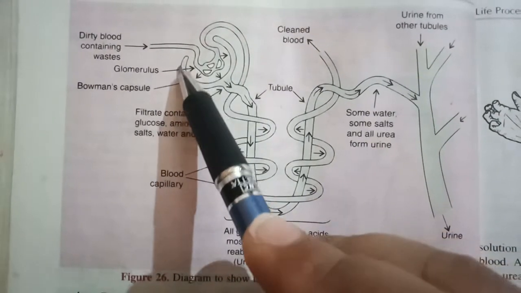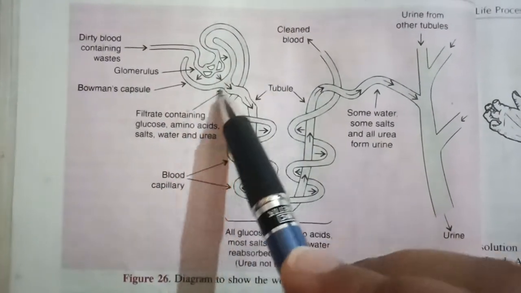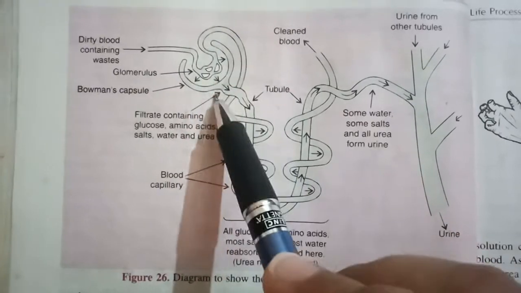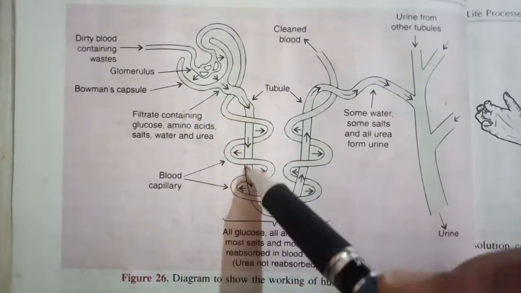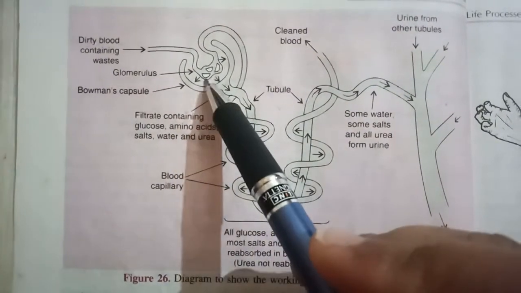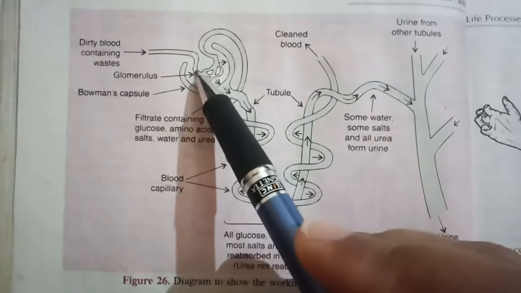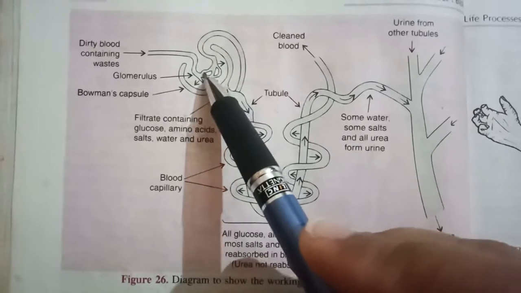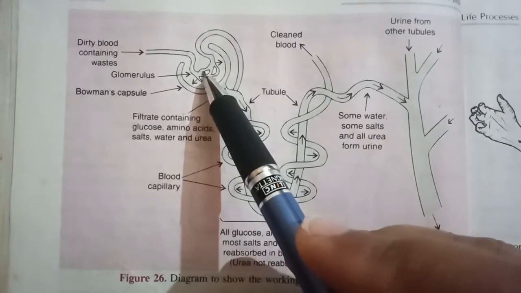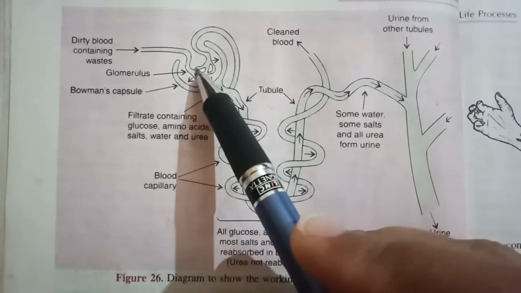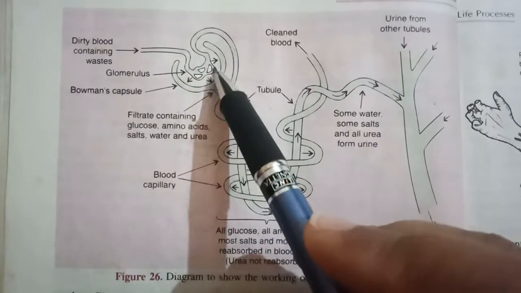See here, this cup shaped structure is known as the Bowman capsule, and this is the tubule, and this cup shaped structure consists of the glomerulus. What is the glomerulus? The glomerulus consists of thin blood capillaries, a network of blood capillaries.